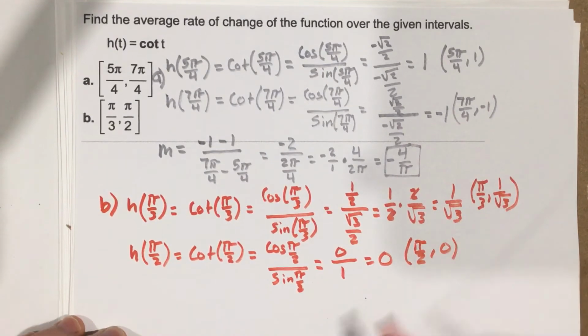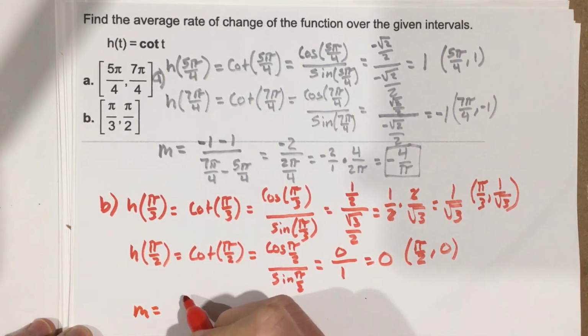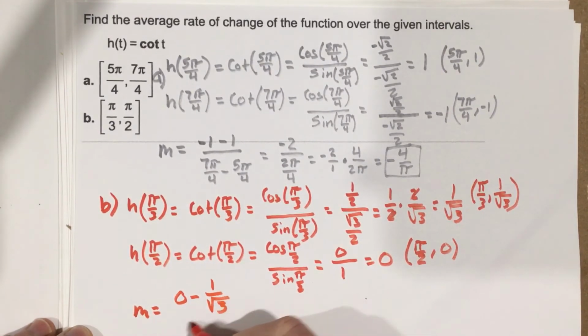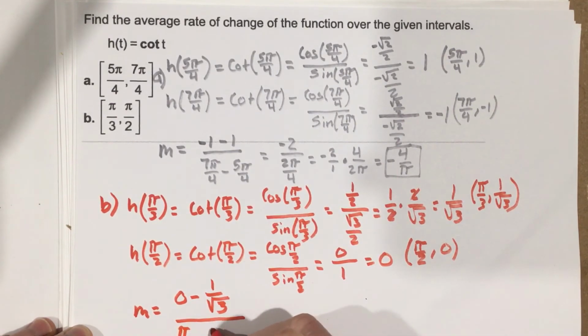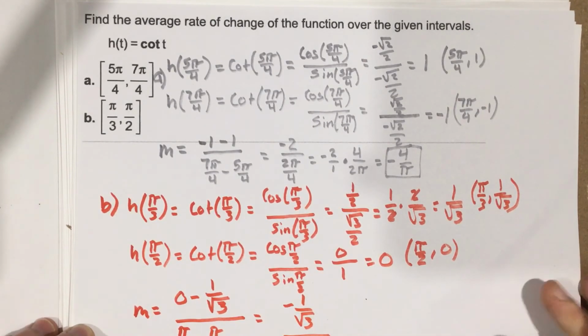Now let's go ahead and subtract those to find the slope. So we're going to say the slope is 0 minus 1 over root 3 over pi over 2 minus pi over 3. When we subtract on top, we get negative 1 over root 3 over pi over 2 minus pi over 3.